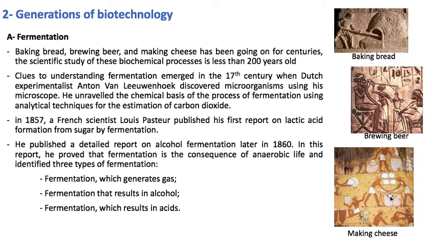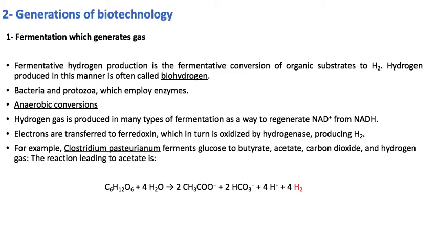In 1857, Louis Pasteur described, in a complete protocol, how sugar can ferment and give rise to lactic acid, which is used for cheese, etc. From then on we have a report describing fermentation as a consequence of the anaerobic life of microorganisms, and identifying three types of fermentation: fermentation which generates gas, fermentation that results in alcohol as a product, and fermentation which results in acid. I will not go into much detail, but will give these three types of fermentation as examples.